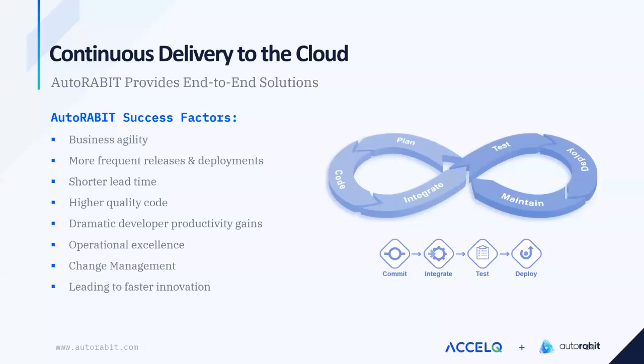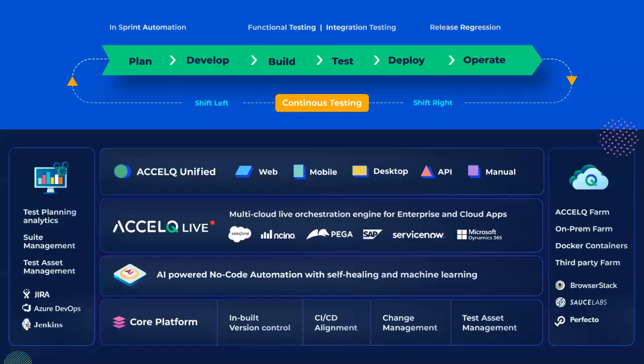And I'll give this back to Vic for a moment to tell you a bit about how the automated testing fits into this part as well. So ACCELQ is a codeless end-to-end full test automation platform that covers the entire technology stack. We automate web applications, native mobile apps, desktops, APIs, as well as manual testing and test management.